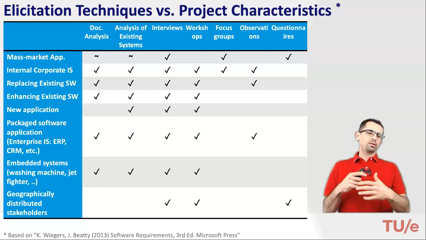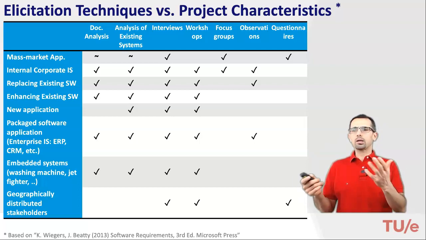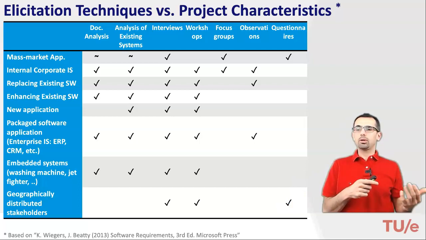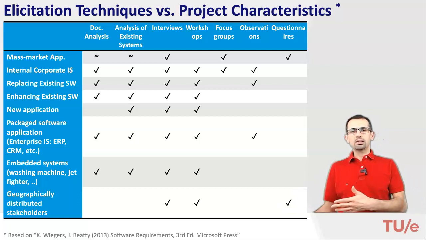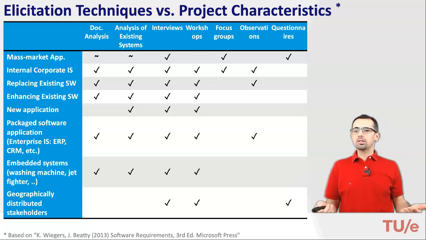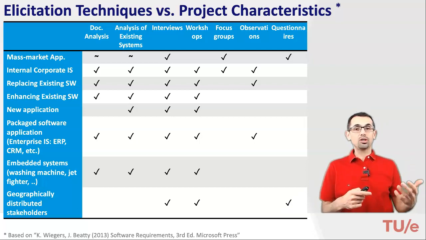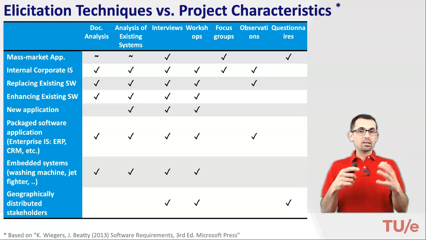You can imagine there are so many different types of software systems, from mass market applications to internal corporate information systems, to replacing existing projects, to enhancing ones, or completely developing new software systems, embedded systems like machines or jet engines, jet fighters, for instance. They are also embedded systems, and so on and so forth.